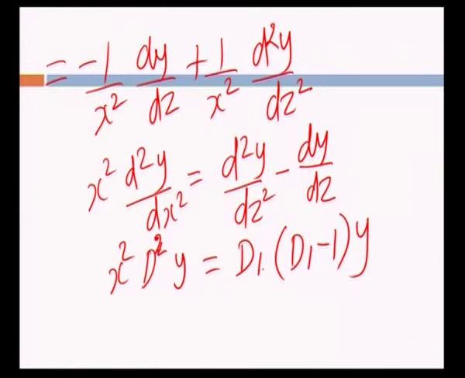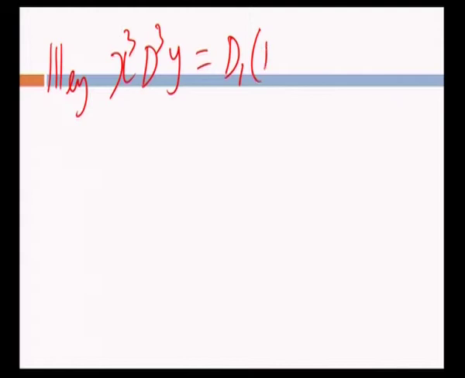Similarly, we can write for the third derivative, x cube D cube y is equal to D1 into D1 minus 1 into D1 minus 2 into y.